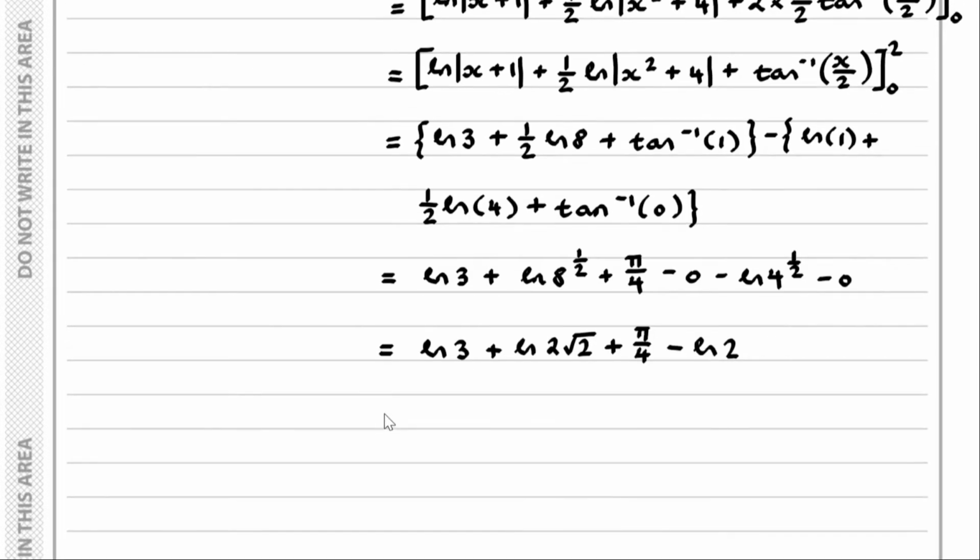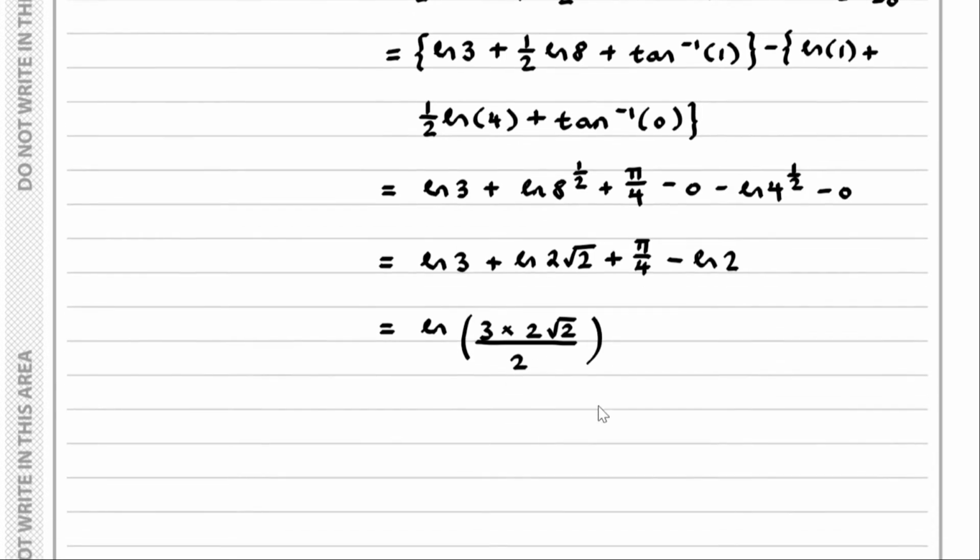And using the addition law of logs, I've got 3 times by 2 times the square root of 2, and then on the bottom I've got 2, so the 2's here cancel, leaving me with the natural log of 3 times the square root of 2, and then I add on pi over 4 with it.